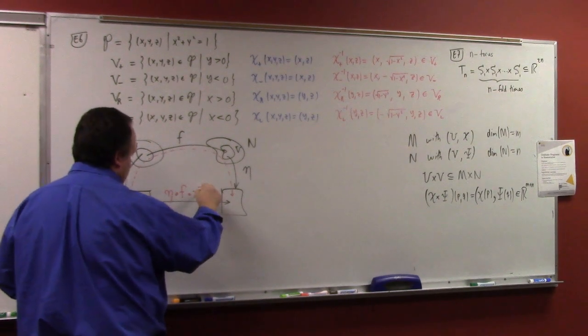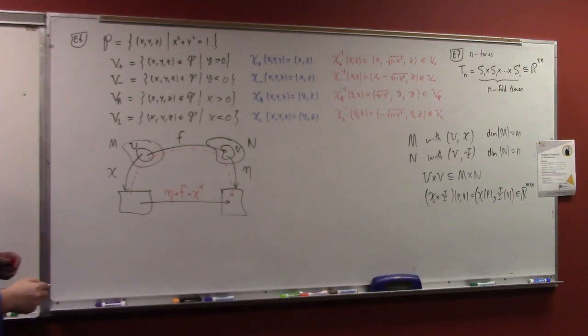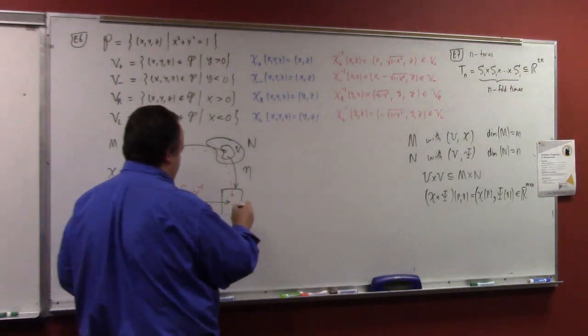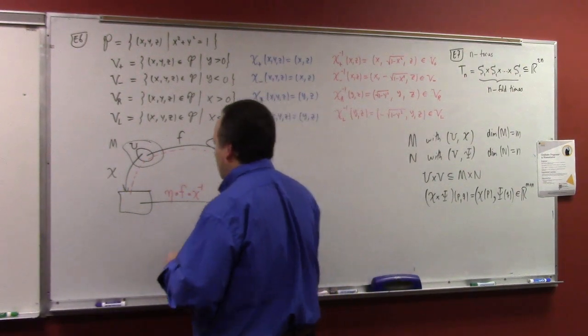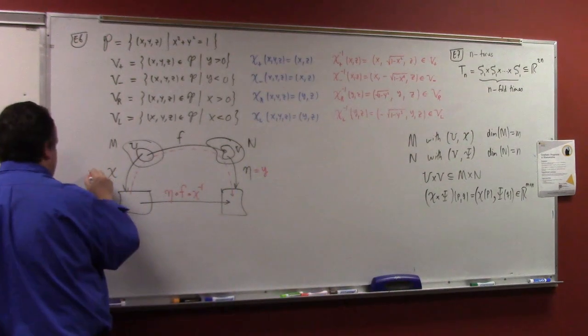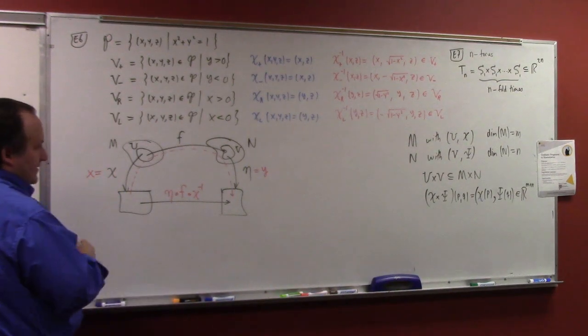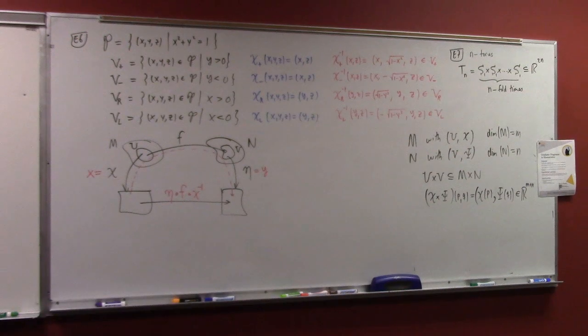Now, listen, I am getting tired of the etas and the chi's. The time will soon come when instead of writing that, I just write eta equals y and chi equals x, because I'd like to use x and y as charts on a manifold.